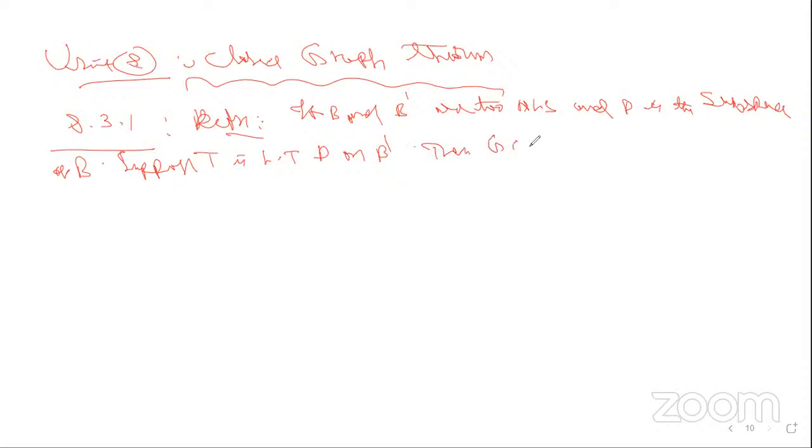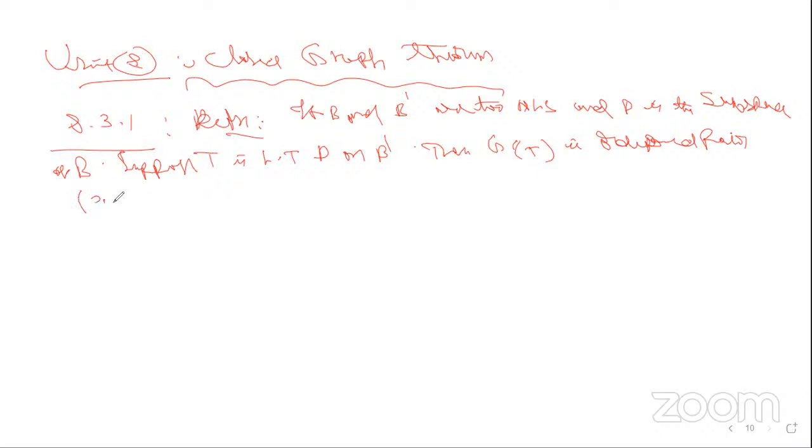Ordered pair means x comma y is an ordered pair.